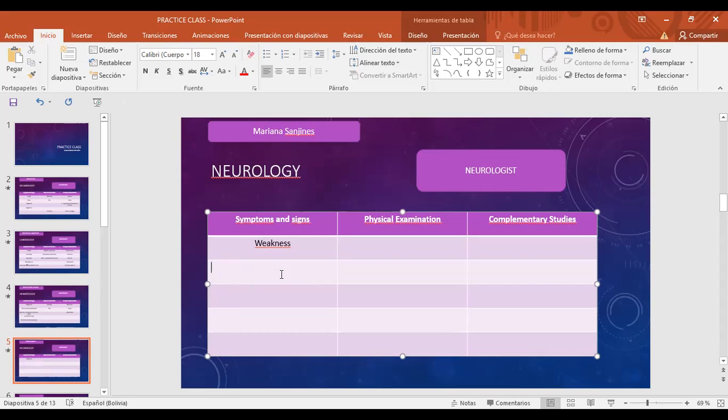It affects mainly the motor part of the nervous system. However, it also affects the sensitive part of the nervous system, right? So what else would this patient have?